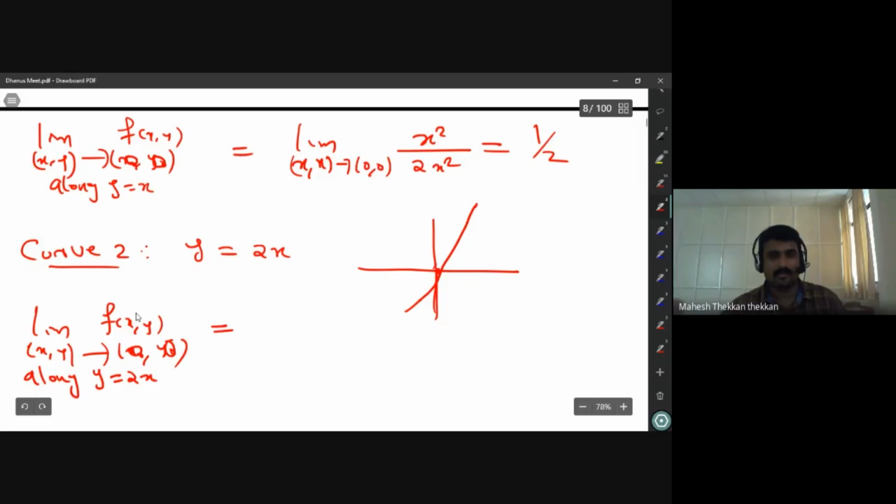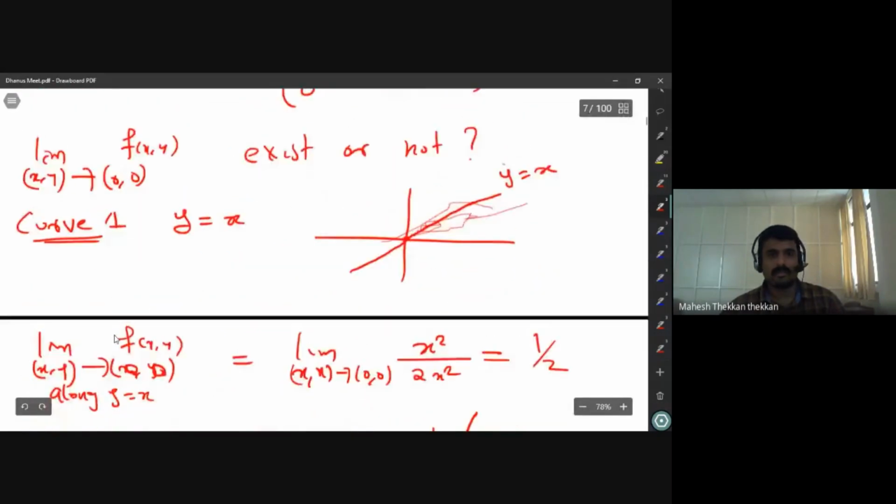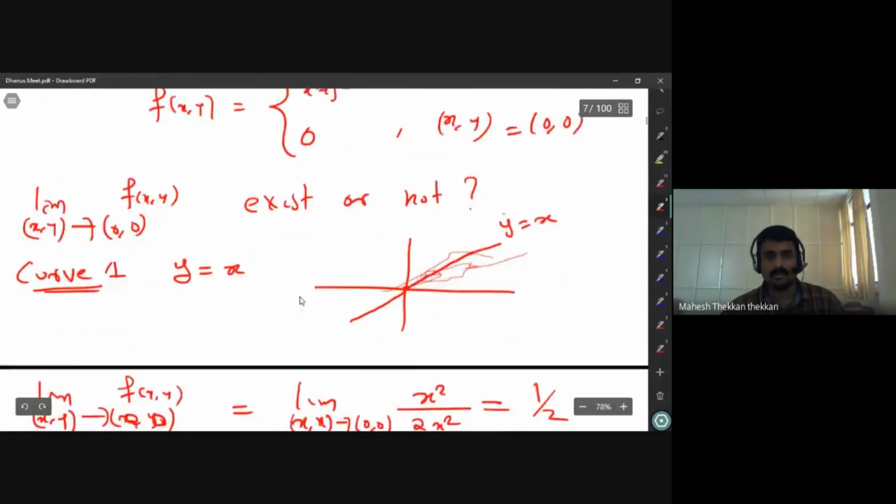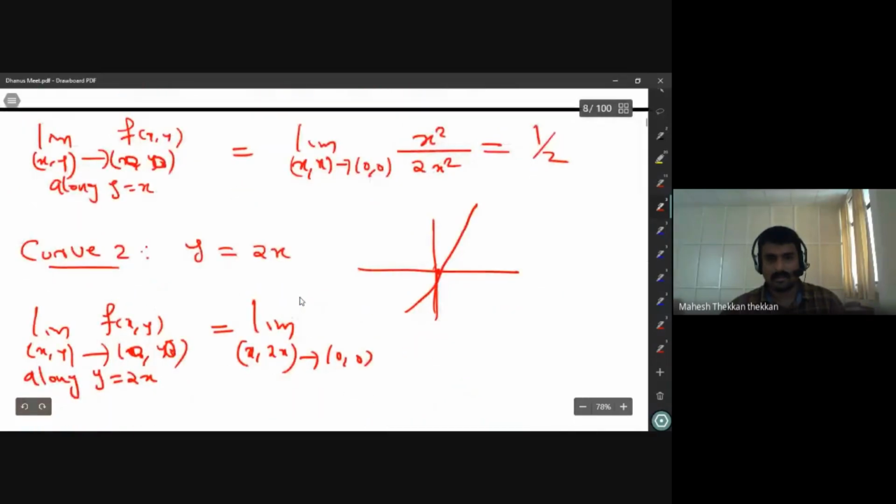This is nothing but the limit as (x, 2x) tends to (0, 0). If I put y equal to 2x, in the numerator I will get 2x square, and in the denominator I will get 5x square. So it will be nothing but 2 by 5.